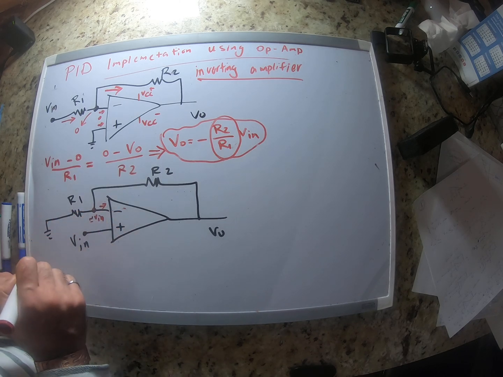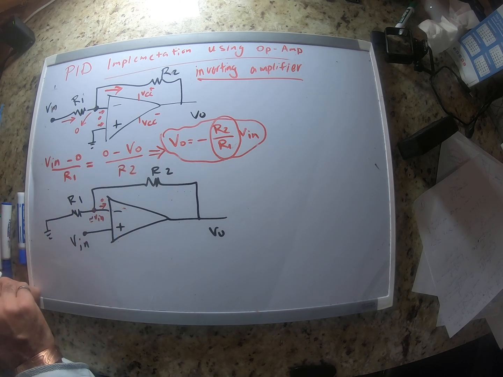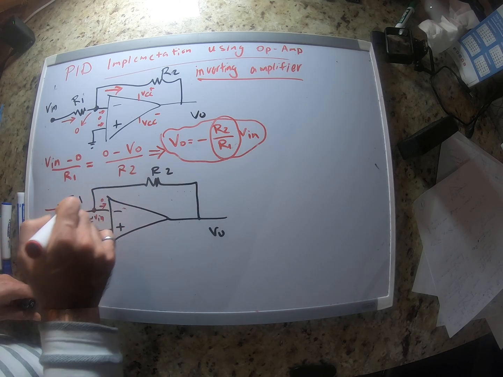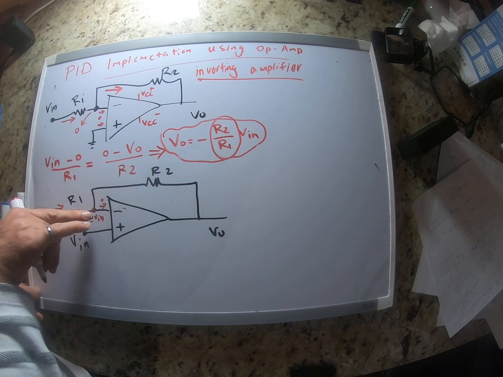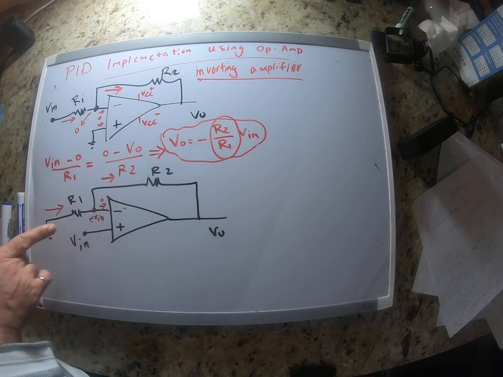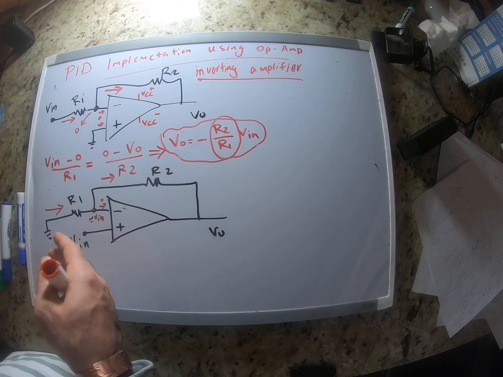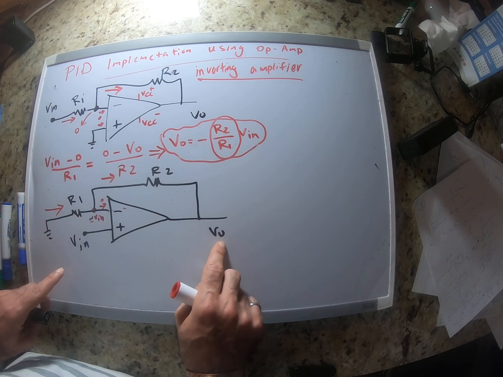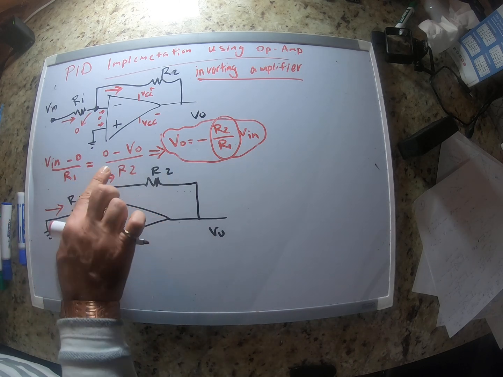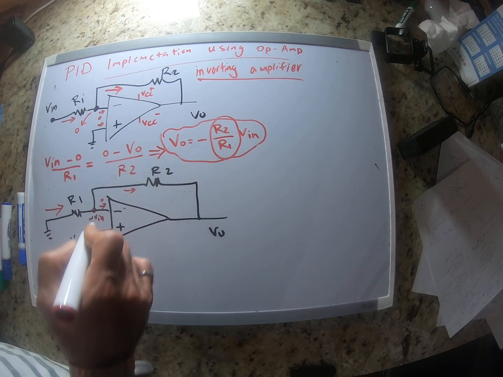This current is almost 0. So let's just choose this direction for the current. So it means that the current that goes this way, it's going to go this way. It doesn't matter what direction you choose for current. We just want to basically find the relationship between VO and V in. So I'm just going to write KCL here.